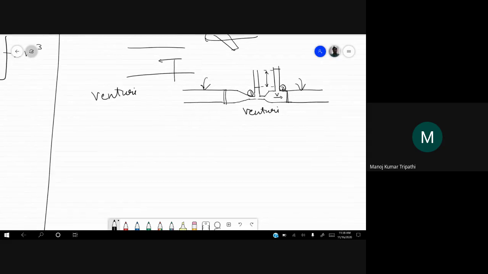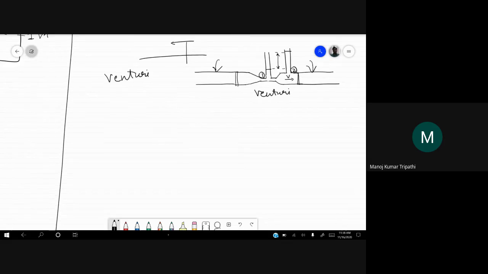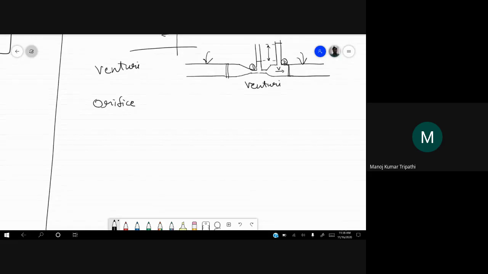Okay, then a similar device is orifice meter, where instead of having a shape like this, what we do is we have a plate in the middle and there is a hole in that plate or orifice in that plate.